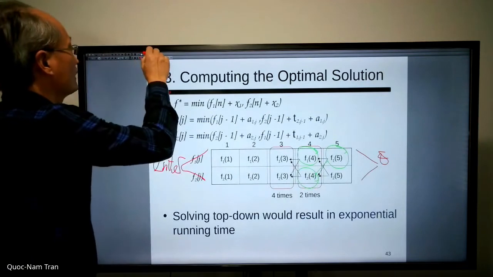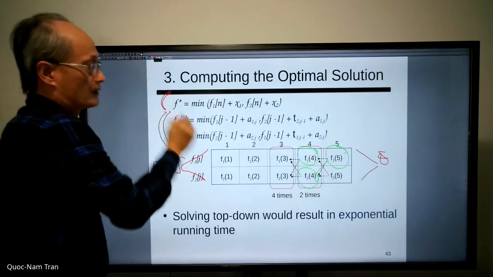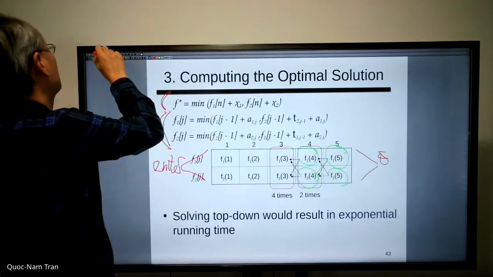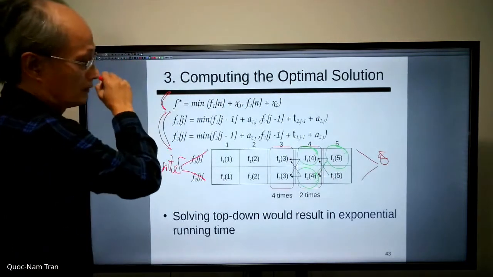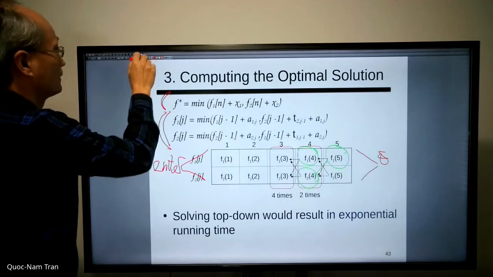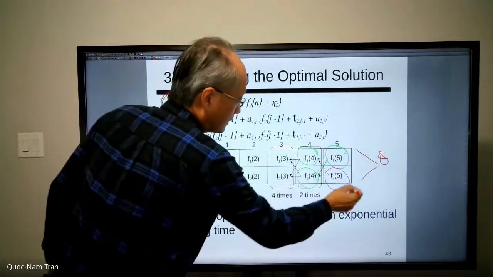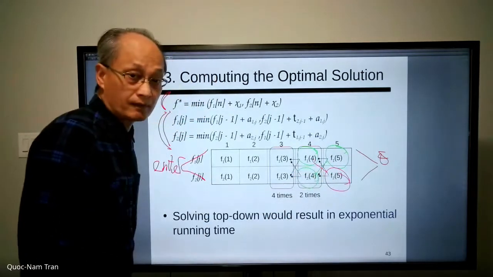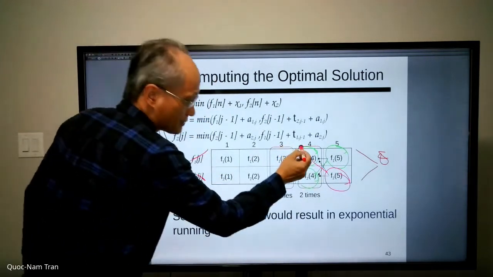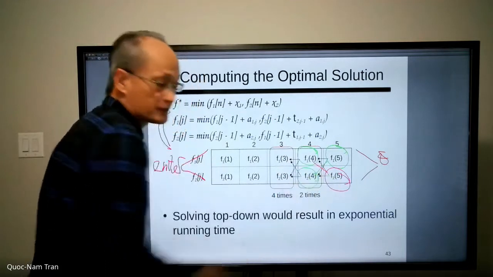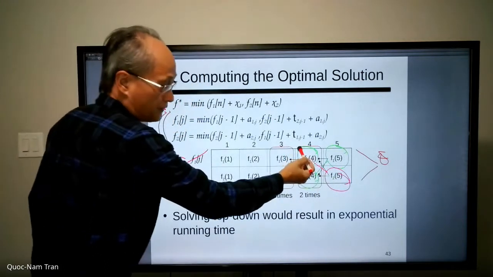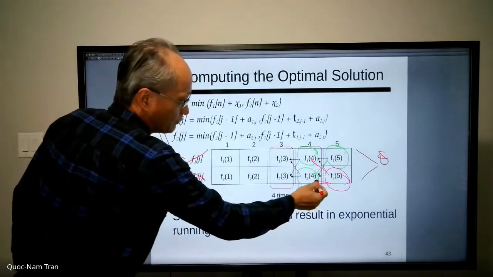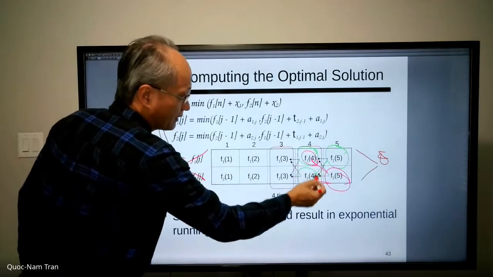Similarly, when we have the F25, we have to calculate F14, right, recursively, plus the extra cost for moving from the first assembly line to the second one. And we have to calculate this one again, right?